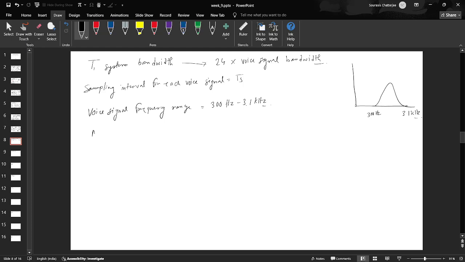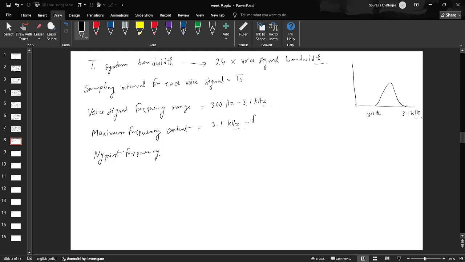You can see that your maximum frequency content is 3.1 kilohertz. Therefore you can immediately find the Nyquist frequency.